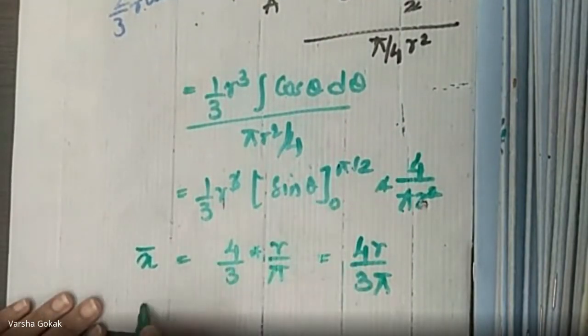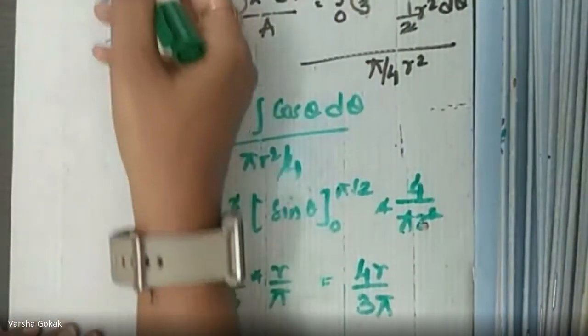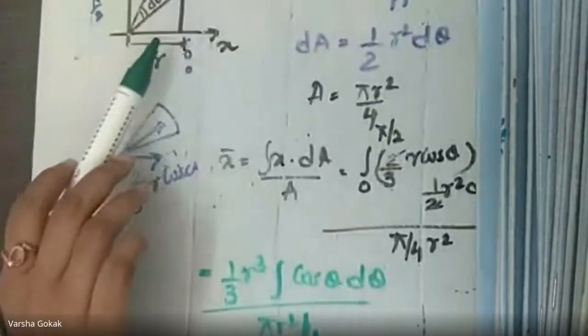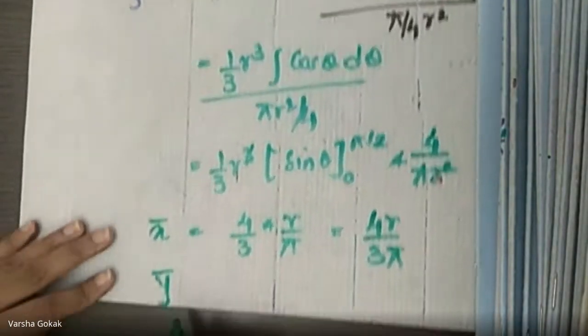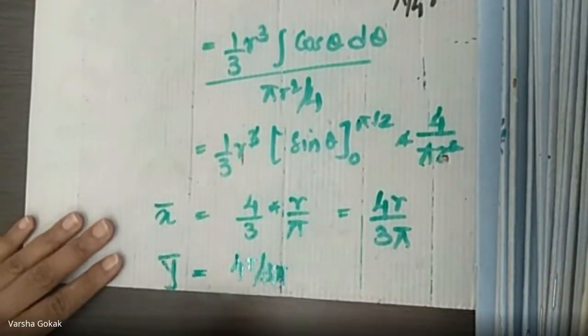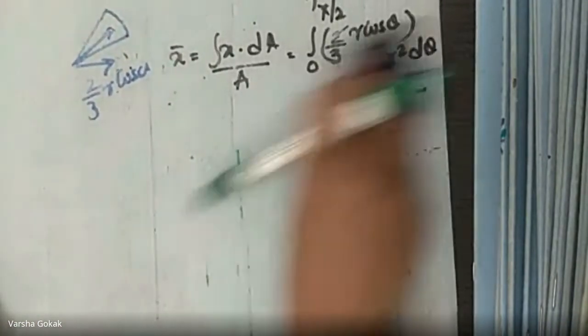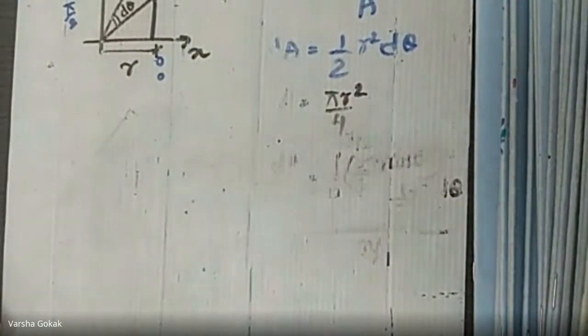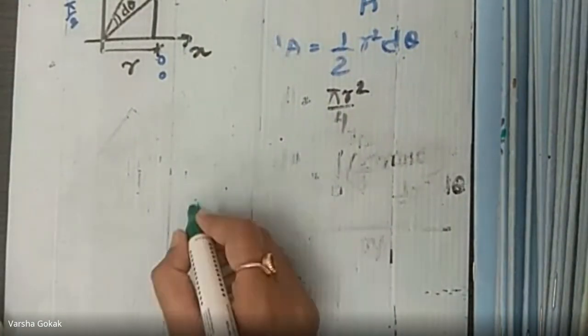If I'm doing for y bar also, the elemental area will remain like this only. Correct? So in case of a quarter circle, your y bar also is going to be 4r by 3 pi. So if I show you the CG diagram, this is your quarter circle, correct?